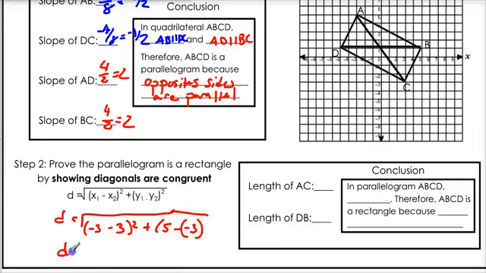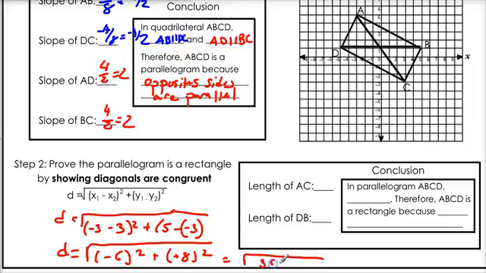Alright, if you do the math here, you get the square root of negative 6 squared plus positive 8 squared, which gives you 36 plus 64, which gives you the square root of 100, which is 10.